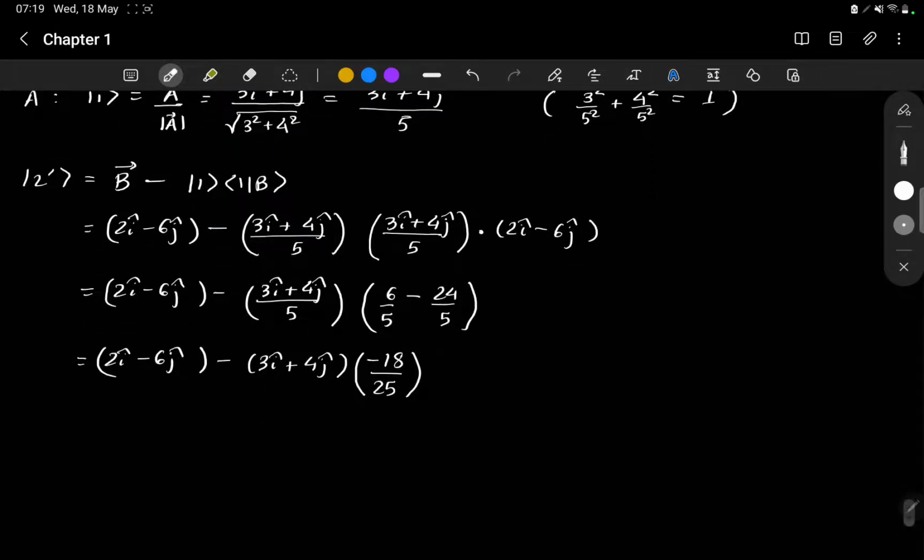So let us solve it further. Let us take 1 by 25 common, and 18 into 3 is 54.